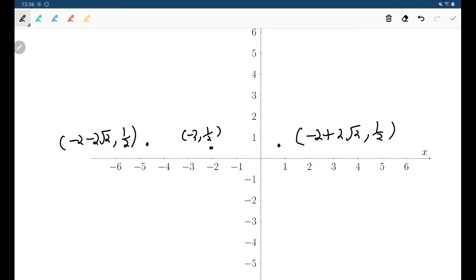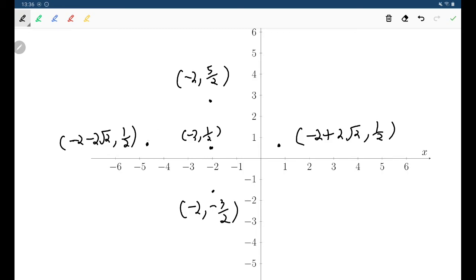And so if we take 1/2 and we add 2 to it, that's 2.5, or 5/2. And if we go 2 units below, that would bring us to -1.5, or same thing as -3/2. So the second y coordinate is -3/2.